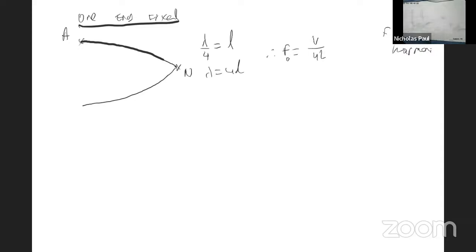Back at your first diagram, look for the next separation where you start with the antinode and finish with the node.